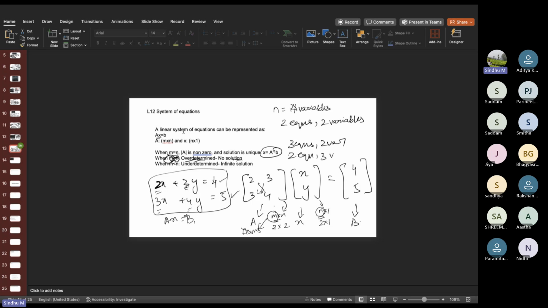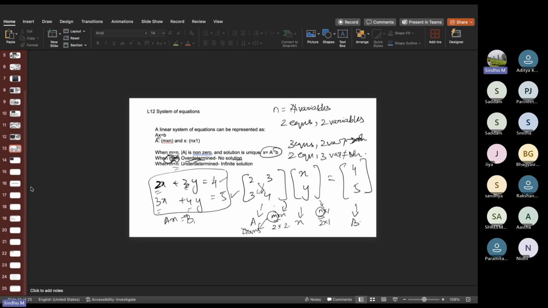But in the opposite case, when m is less than n, we have three equations, two variables, then we'll have infinite solutions and it will be underdetermined. So these are some of the important concepts of using matrices to solve a system of linear equations.